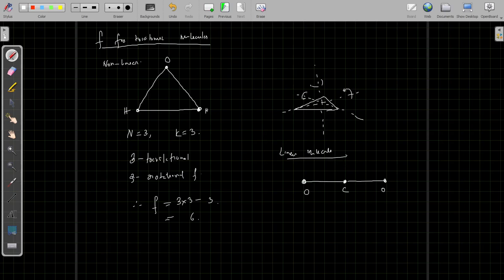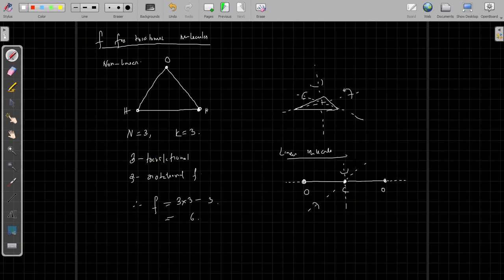These things can rotate here, can rotate here, okay, and also can rotate. Got it? But how many relations does it have now?